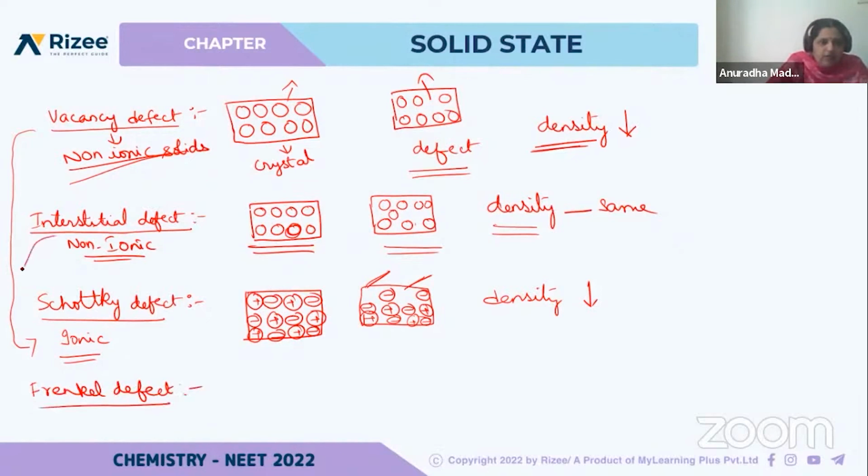Then the last one is Frenkel defect. This is the same as interstitial defect, and the only difference is that it occurs in ionic solids. When one cation or anion occupies the interstitial position, that defect is known as Frenkel defect. This is our crystal before defect.